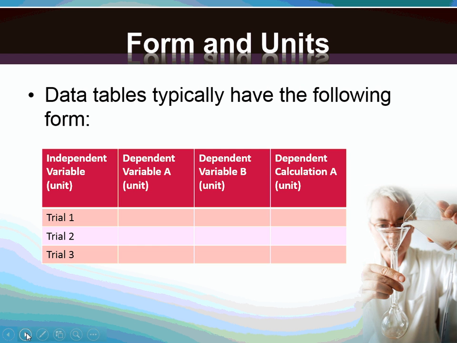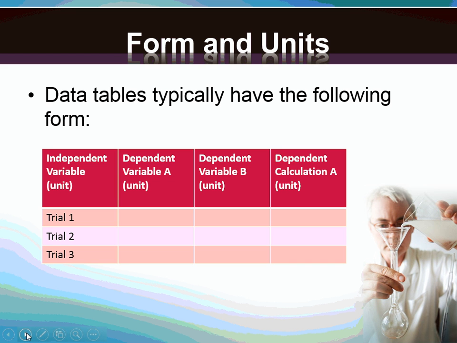Once you have identified the variables with their units, you want to put this together into a grid where you have them listed in a form that is appropriate. The first column is typically the independent variable with its units. Normally, there is only one independent variable, but if there's more, continue to list them next to the first one.